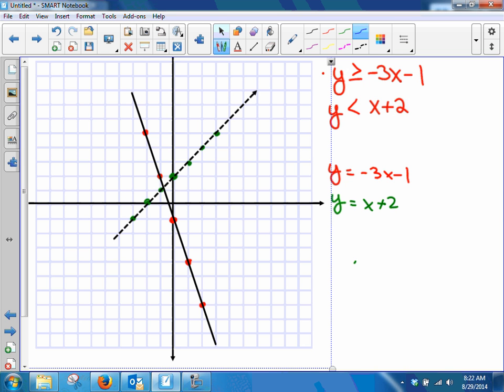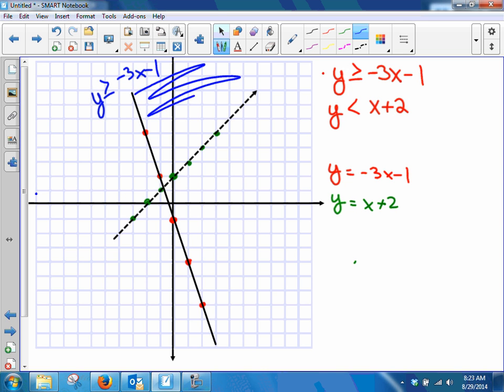Okay, so if it says y is greater than or equal to negative 3x minus 1, so my y value should be bigger, right? That's what greater than means. So in terms of where my y values are bigger, am I going to shade below the line? Or am I going to shade above? You're going to go above.